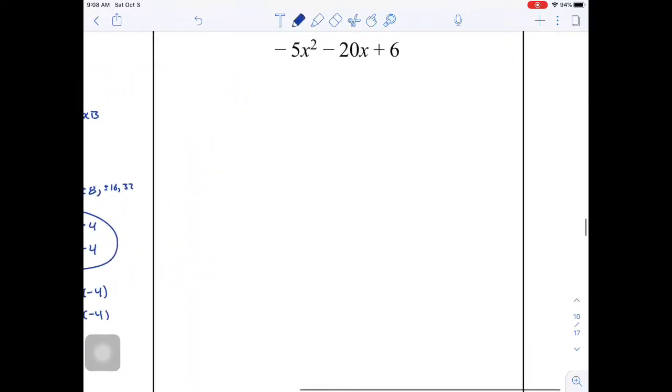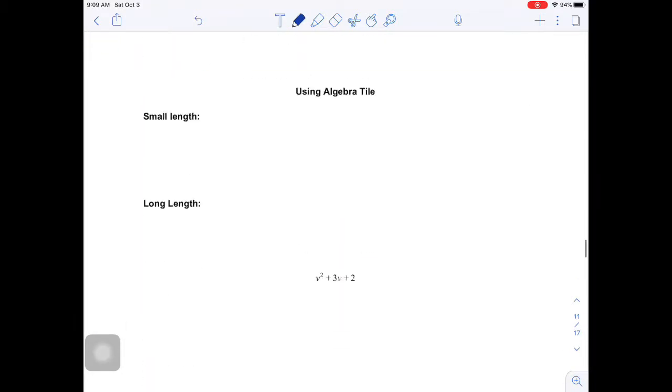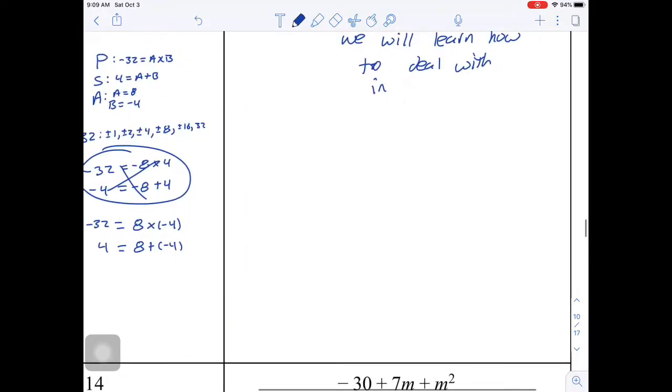So this guy, since I can't divide negative 5 out, because that would have to become 6 over negative 5, okay, this we will learn how to deal with in, I think it's the next video, you will do 3.6, okay?